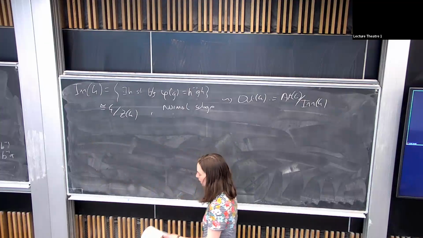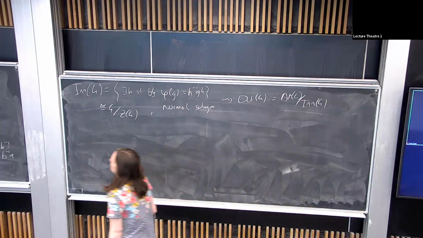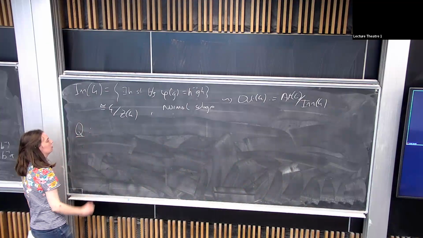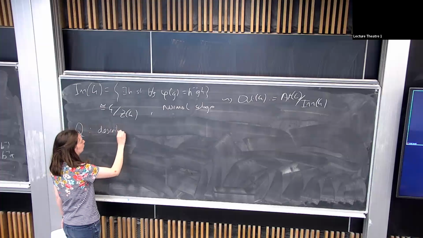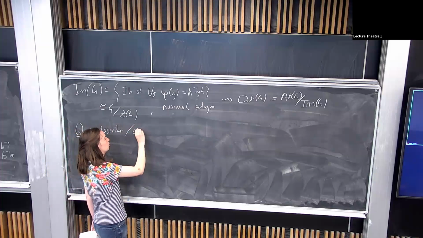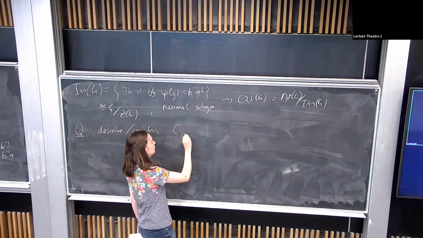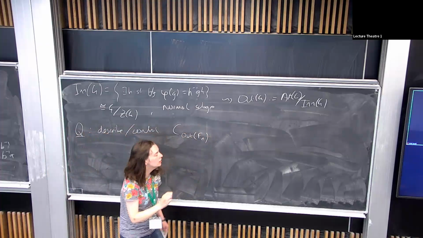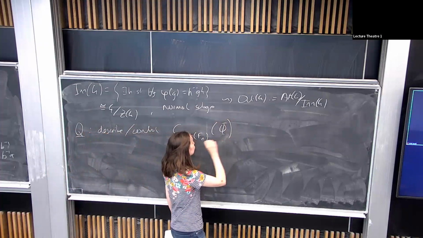Some things you could check if you would like. Great, two out of 3 words done. And then the question that I would like to ask is: describe or control, quite a vague question, the outer automorphism group.